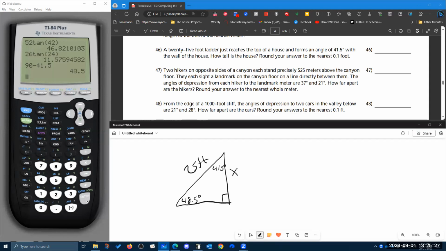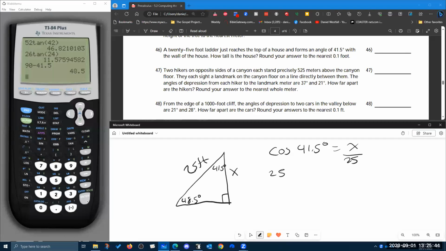Okay, so we're going to use the 41.5 degree angle that we were given. Cosine of 41.5 degrees is equal to x over 25.